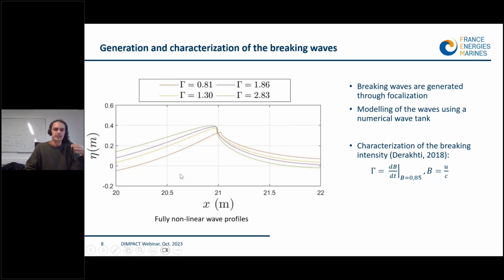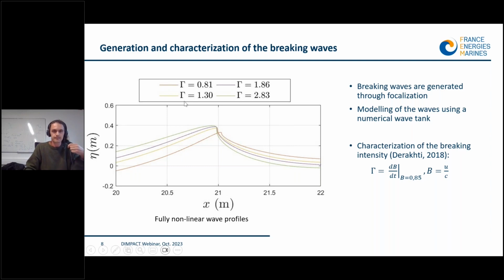And we generated breaking waves with different breaking intensity. So here is the gamma parameter that was presented by Jean-François. This parameter is representative of the breaking intensity of a wave. It corresponds to the time derivative of the ratio between the horizontal fluid velocity at the crest and the crest speed.